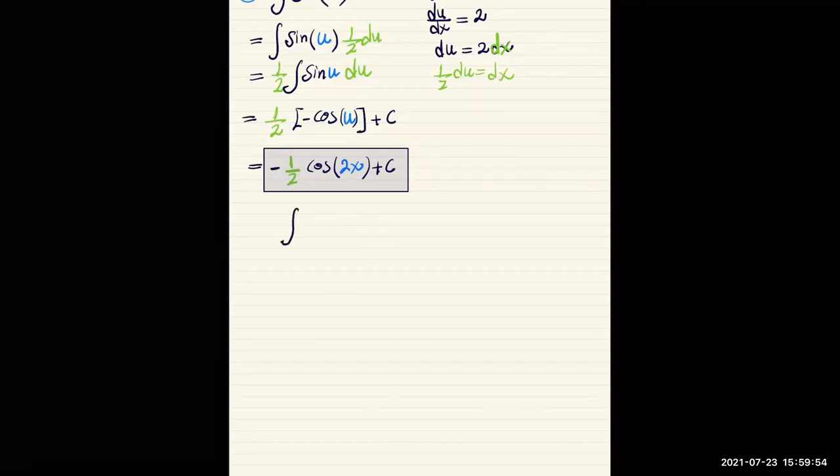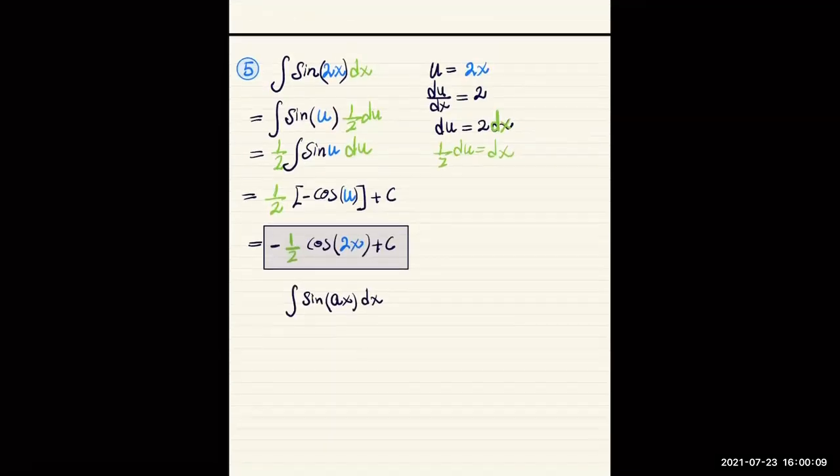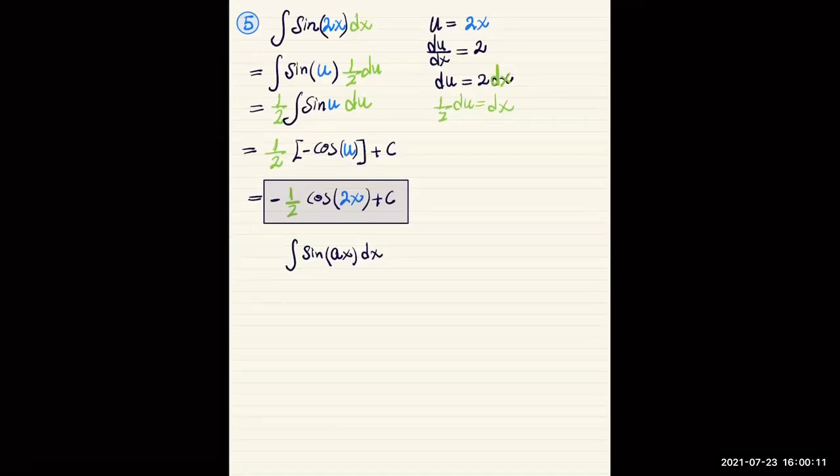I'm allowing you to, anytime you see the antiderivative of sine of ax, so for our example, a was 2. Anytime you see that, the answer is right away -1 over a cosine of ax plus some constant.